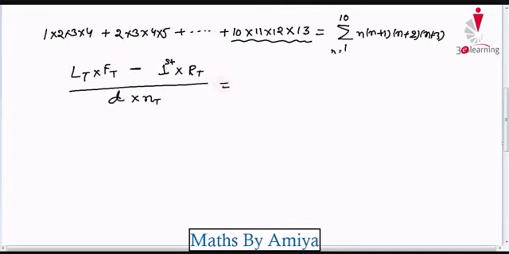Our last term is 10 into 11 into 12 into 13, then the forward term would be 14, minus the first term 1 into 2 into 3 into 4 into the previous term or the reverse term, which is 0, divided by common difference 1 into number of terms, 1, 2, 3, 4, 5.